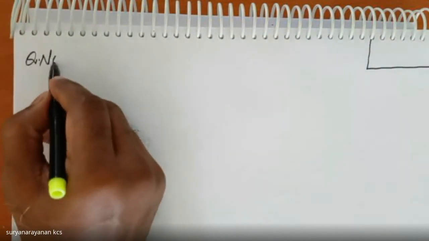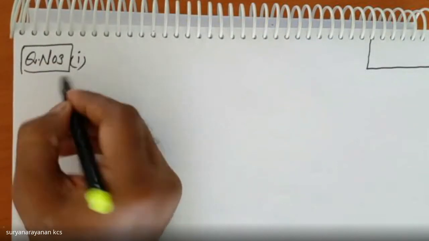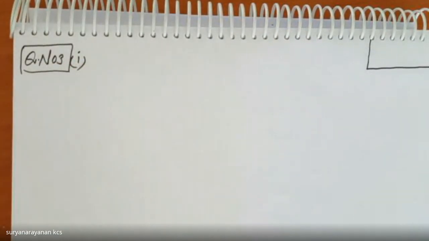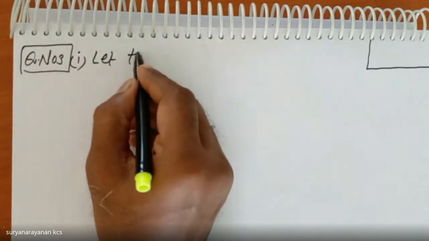Question number 3. I am explaining the first part. What is the question here? Find the values of k if the area of the triangle is 4 square units and the vertices are given.